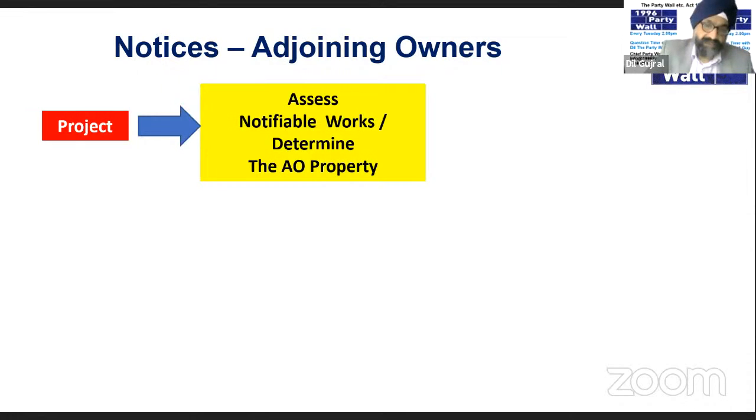Now, the next point is, is your neighbor a notifiable property? So for section 6.1 works, are they within 3 meters? If they're beyond, then they're out. Then you don't need to worry about them. But if they're within 3 meters, the next aspect you have to check is, are you digging below the foundation?